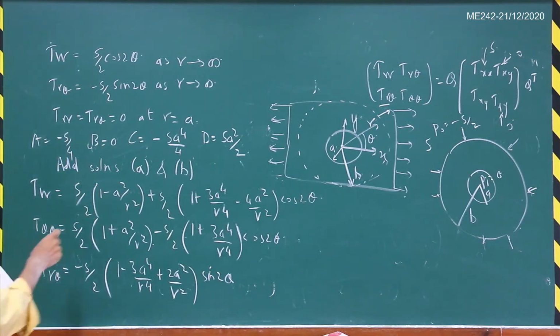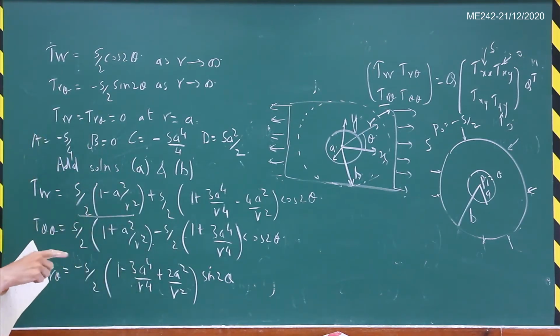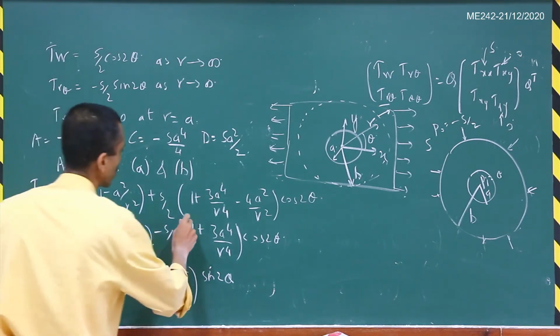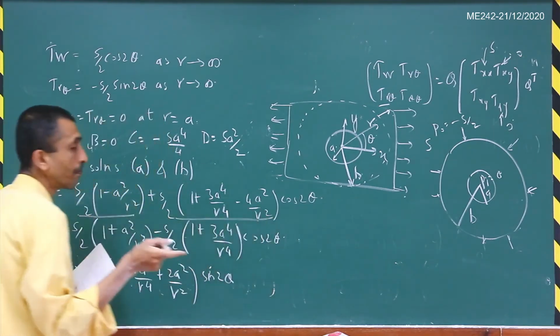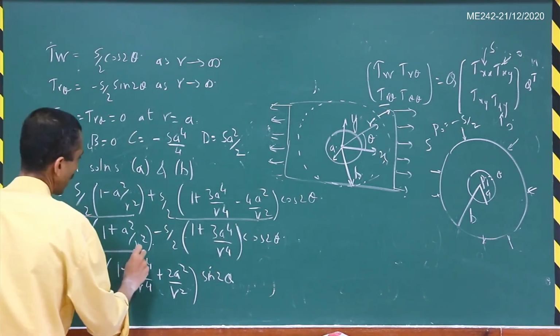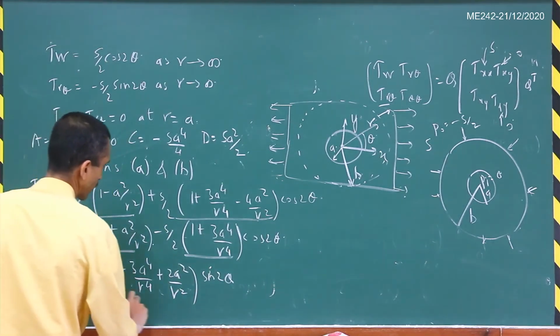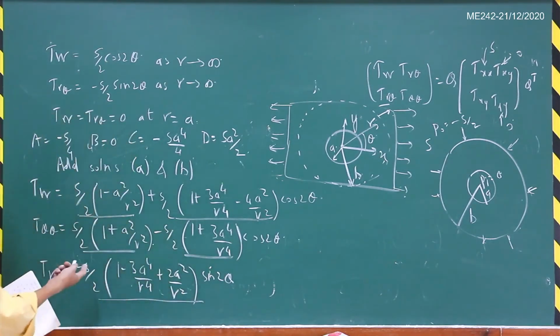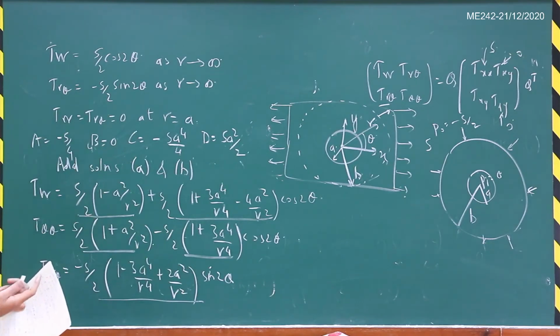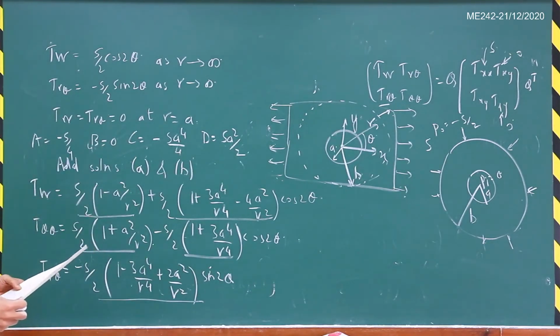So you can see that this is the solution corresponding to the part A of the solution, and this is the solution corresponding to the part B of the solution, and similarly here also. So this is corresponding to part A, this is corresponding to part B, this is corresponding to part B, because in the part A τ_rθ was just equal to 0. Okay, and so now this is the total solution that we get here.